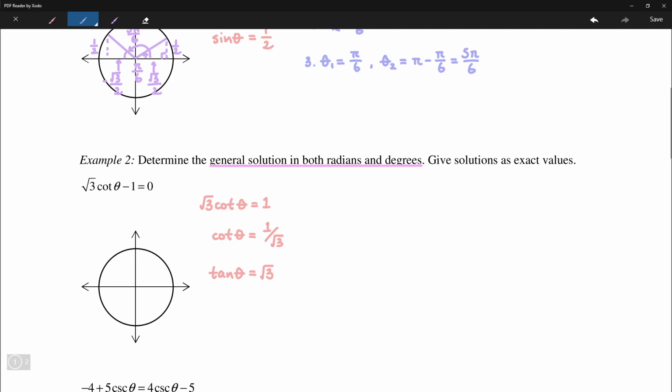Okay, so from here we know that the angle must be in either quadrant 1 or 3, because that's where tangent theta is positive. So Q1 or Q3. Second step, we're looking for the reference angle. Let's see here, if we look at, once again, the special triangles we can draw.